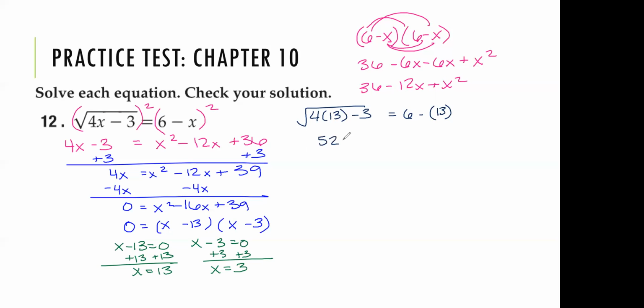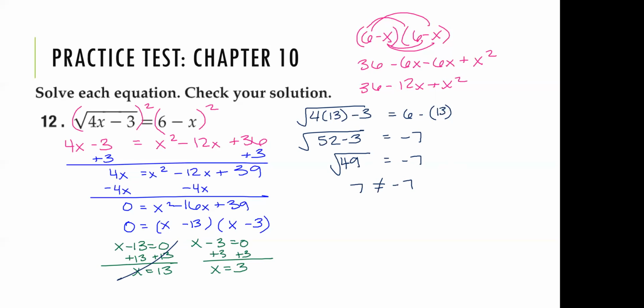So I've got 52 minus 3. And 6 minus 13 is going to give me negative 7. So 52 minus 3 is going to be 49. And then the square root of 49 is equal to 7, which is not equal to negative 7. So that's not going to be one of my solutions.